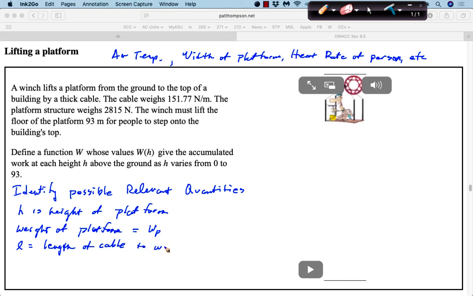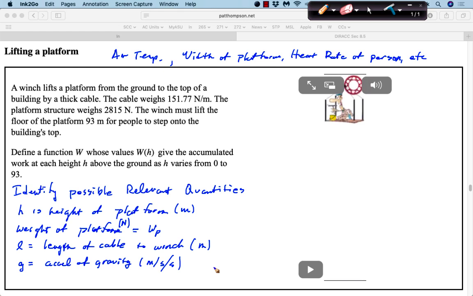To the winch. We really should be including units on this. So what unit will we want on that? In meters. Weight of the platform in newtons. Height of the platform in meters. What else is going to be important? Acceleration of gravity, and that's in meters per second per second.